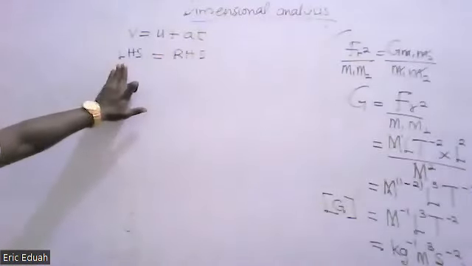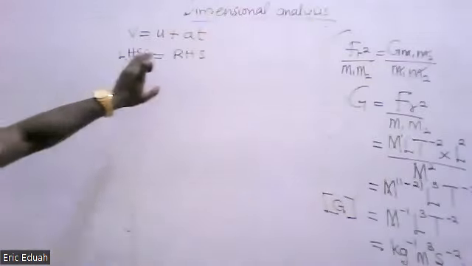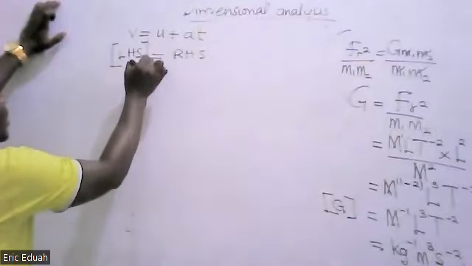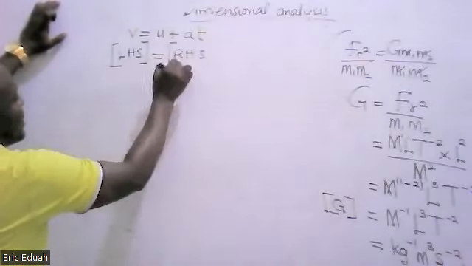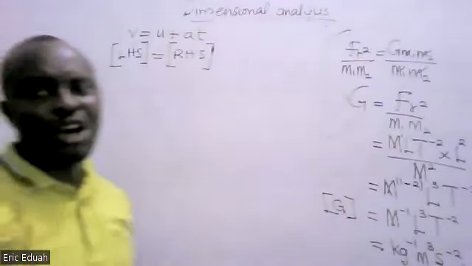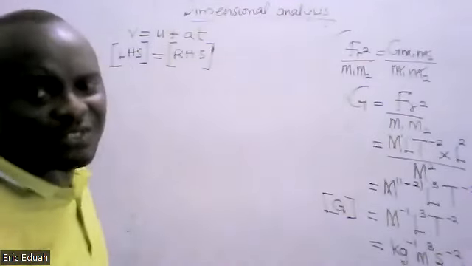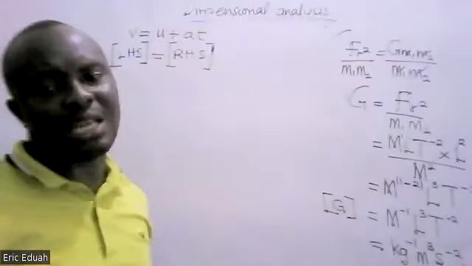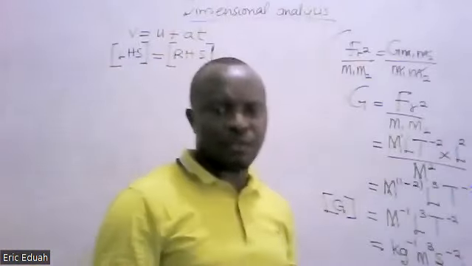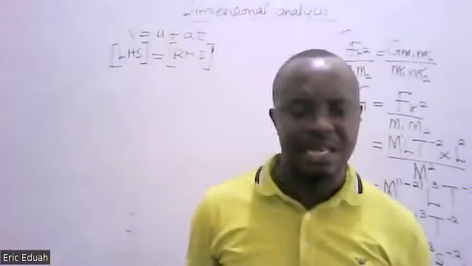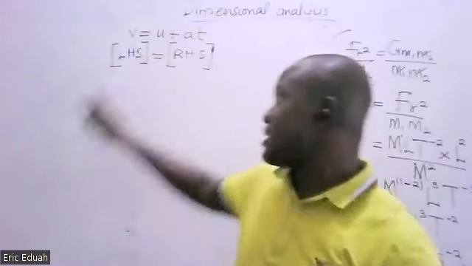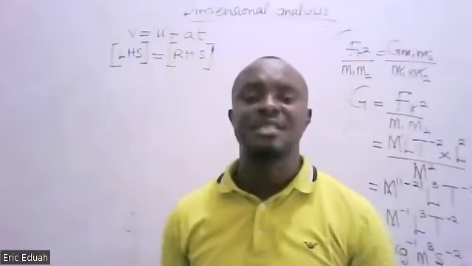So left-hand side dimension must be equal to, let me put this in the square bracket to define dimension as we are discussing, the dimension at the right-hand side. What is the dimension of the quantity at the left-hand side? Alexandra, what is the dimension of the quantity at the left-hand side?